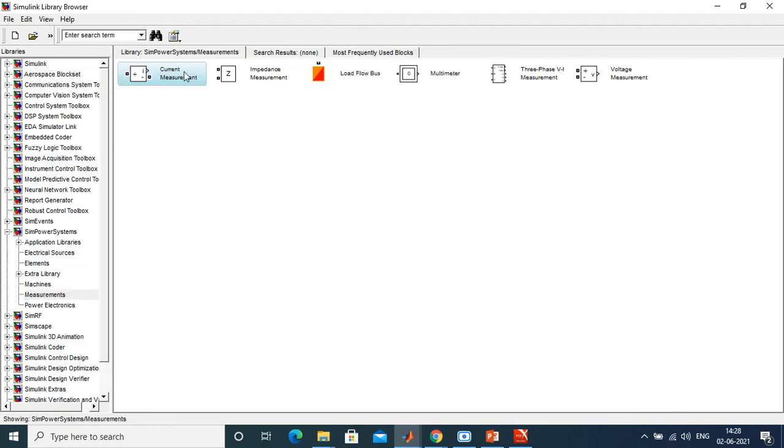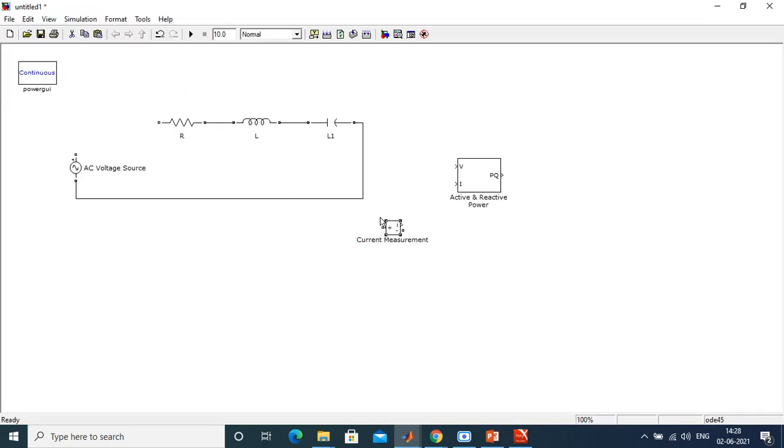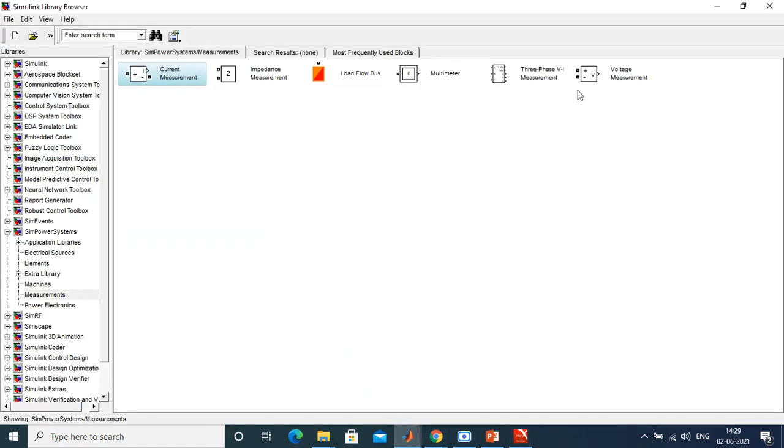Measurements, ammeter. Since all the elements are in series, the current passing through all the branches is the same. Okay, now take the voltmeter.